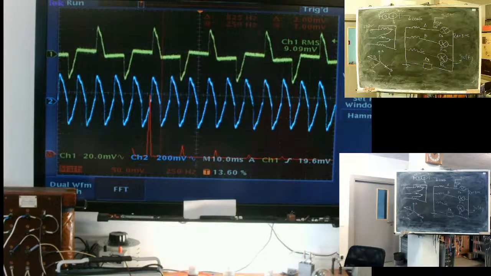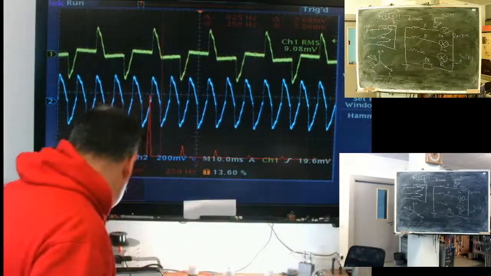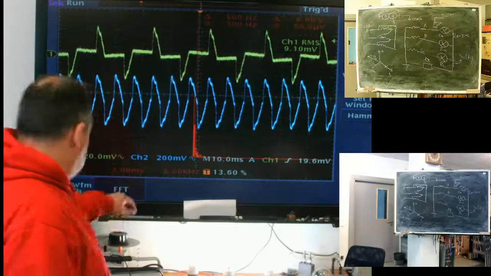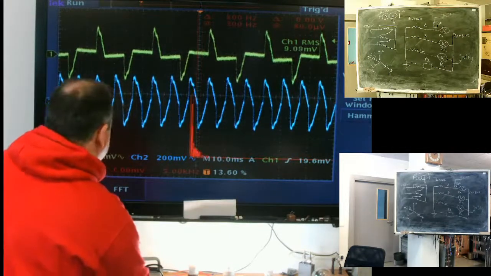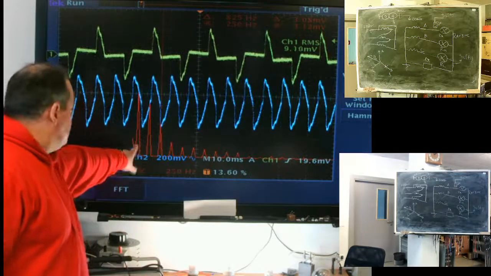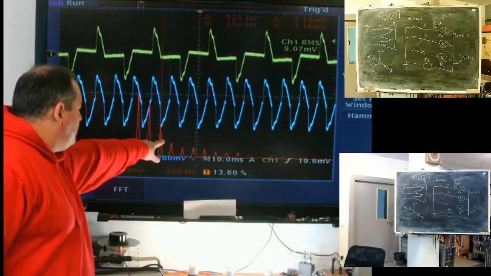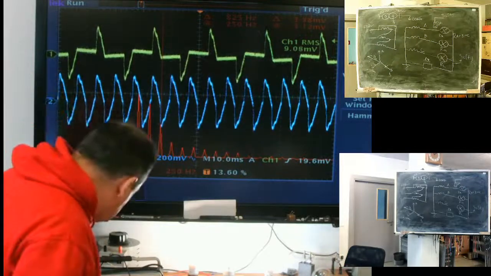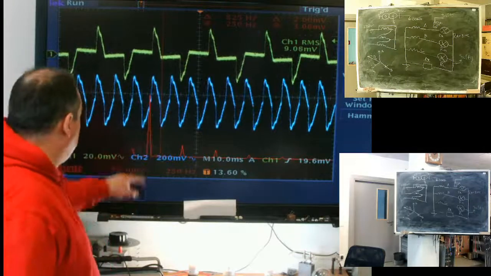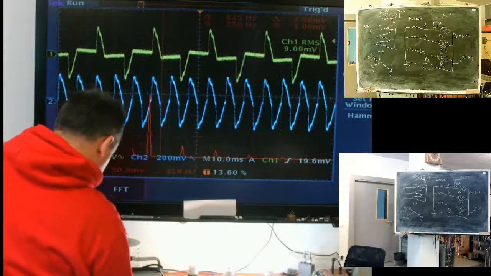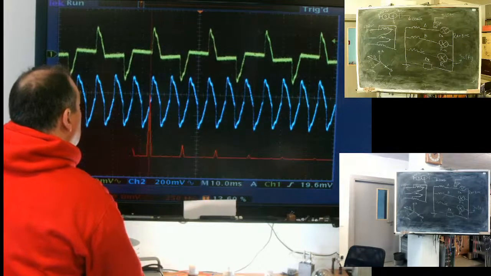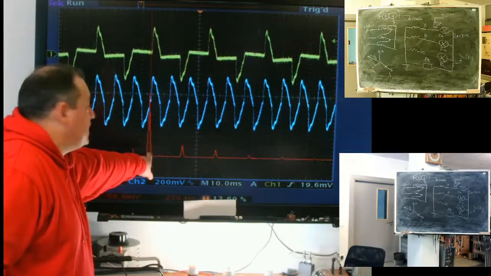To compare, here is the spectrum of the A phase, with first, third, fifth harmonic, and here is the spectrum of the neutral. What's this? 150 Hertz.